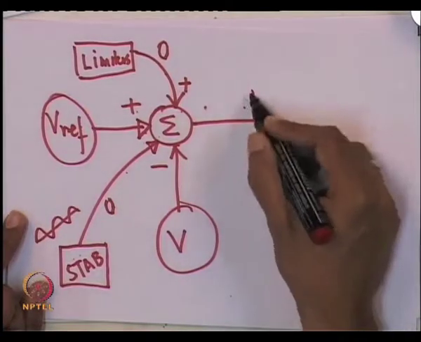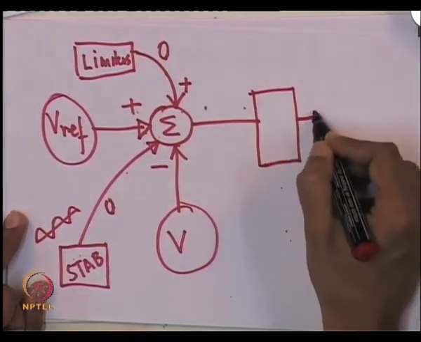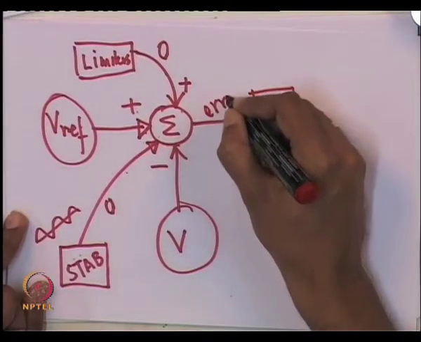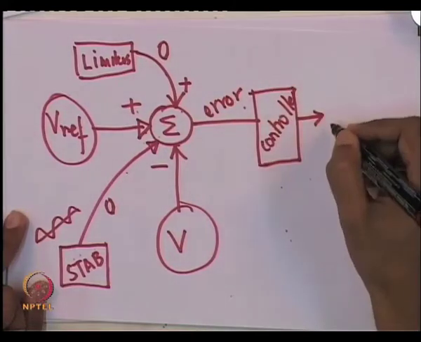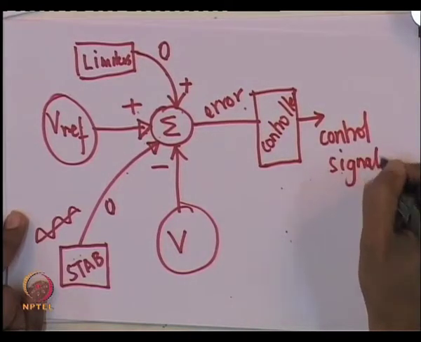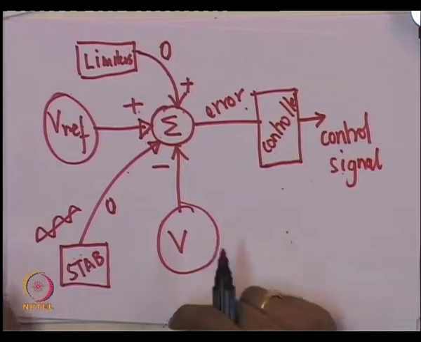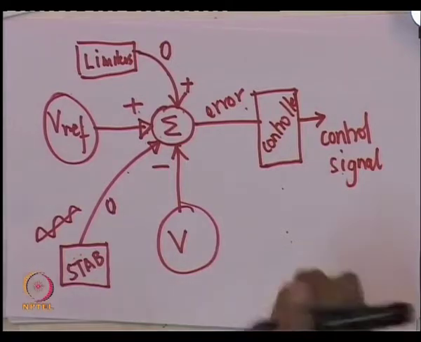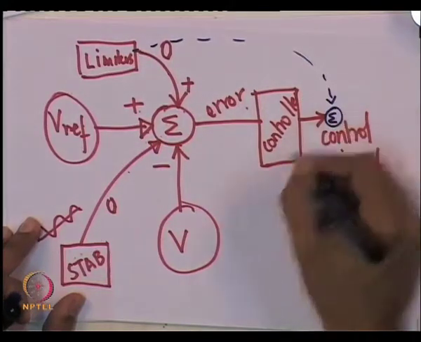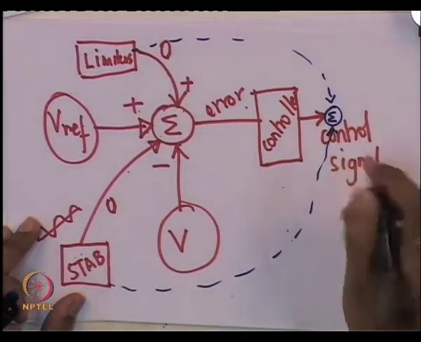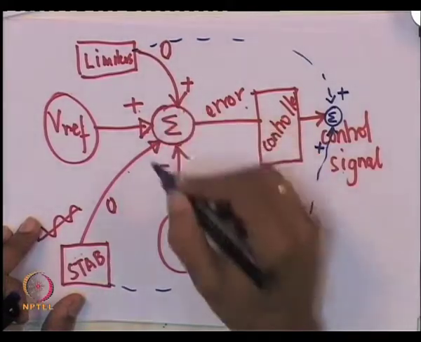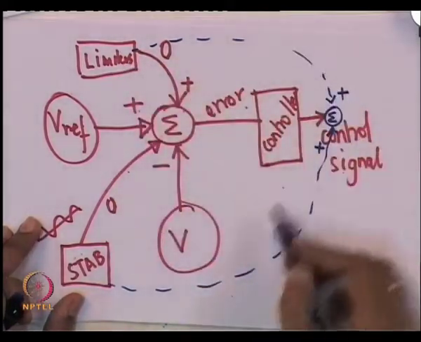One of the questions you may ask is, well, you have got this controller or regulator which takes this error, does some mathematical function on it and derives the control signal which goes to the excitation power apparatus. The question is, can we not shift these limiting functions to this point? So, can we not, instead of changing the summing point here, have these overriding functions acting here?